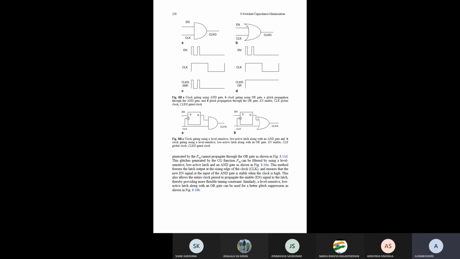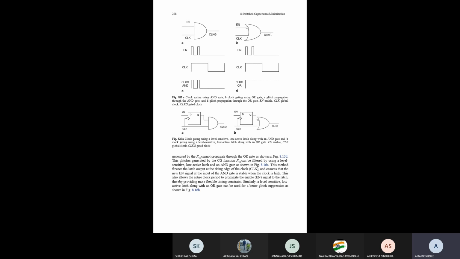In figure 8.15a, we see simple clock gating using an AND gate, in figure b clock gating using an OR gate, in figure c glitch propagation through the AND gate, and in figure d glitch propagation through the OR gate.